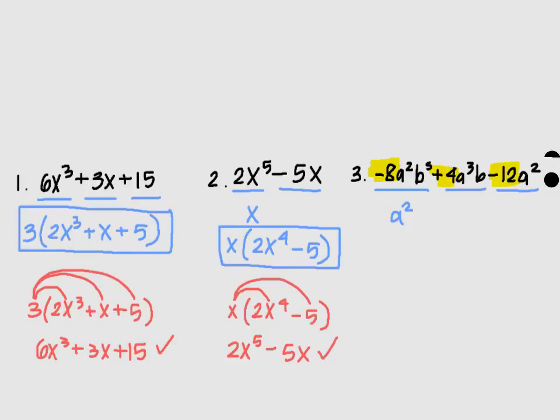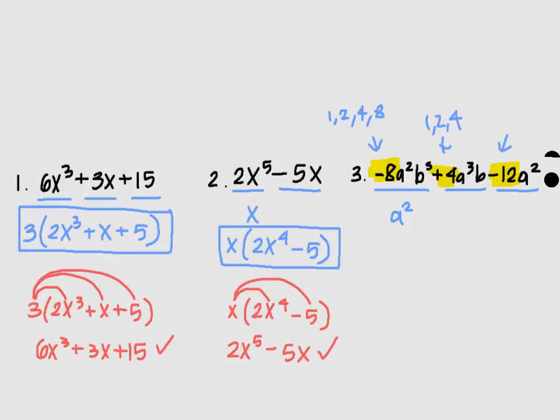So again, factoring out the greatest factor, so what do all three have in common? We see that factors of -8, we include 1, 2, 4, and 8. In the number 4, those factors are 1, 2, and 4.